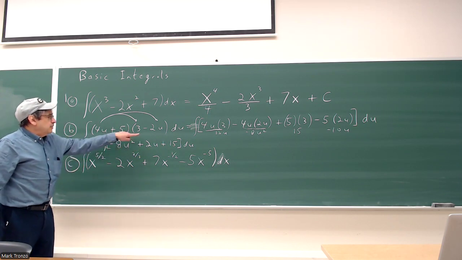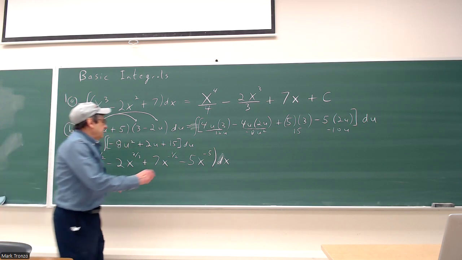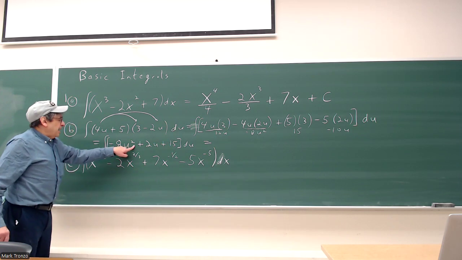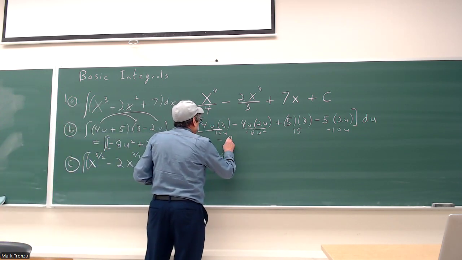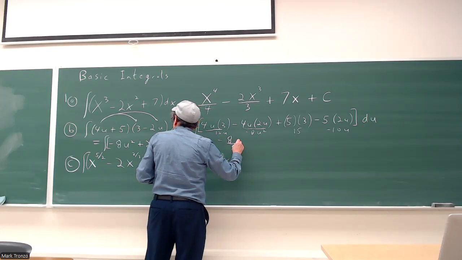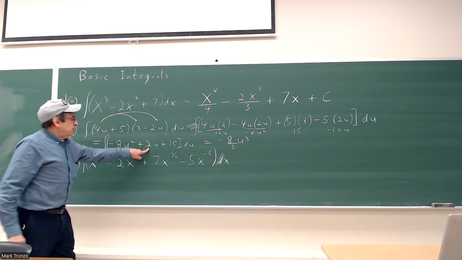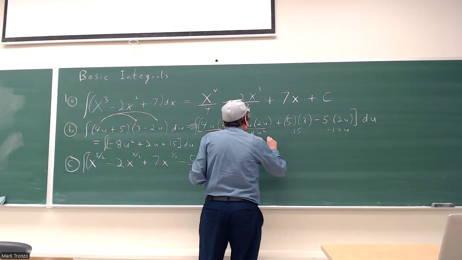Remember, we can't integrate this the way it is. So we had to multiply everything out and integrate this. Just like before, we're going to add 1 to the exponent and divide by that new exponent. Add 1 to the exponent and divide by the new exponent.